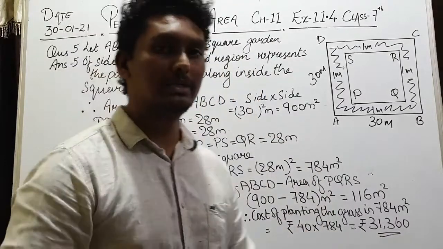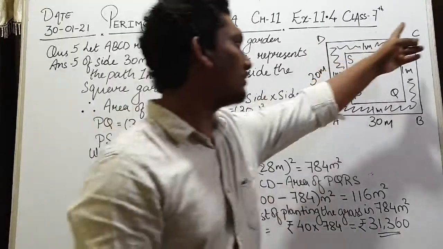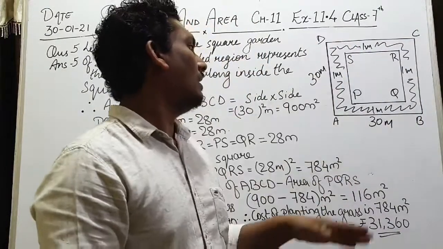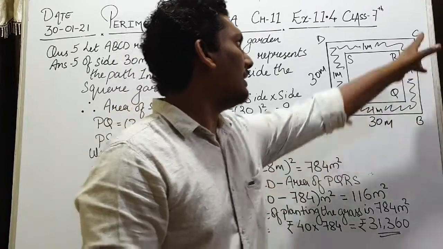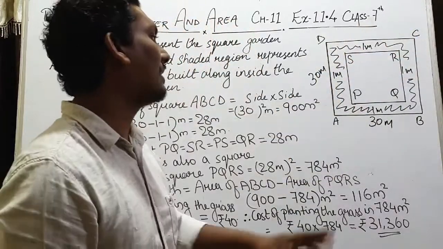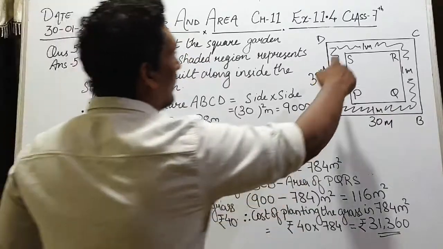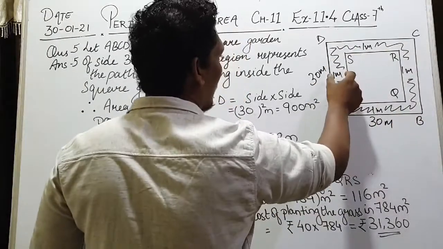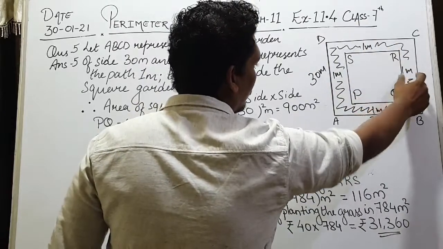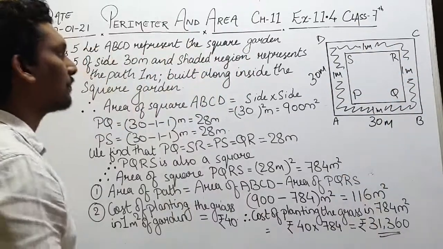Since we are talking about the square garden, so it's a square garden ABCD. Side is given 30 meter. Then this is the shaded portion. The gap is of 1 meter, 1 meter, here also 1 meter, and here also 1 meter.